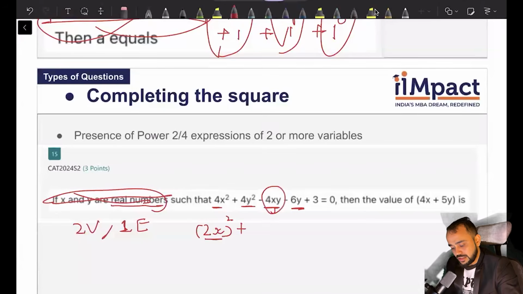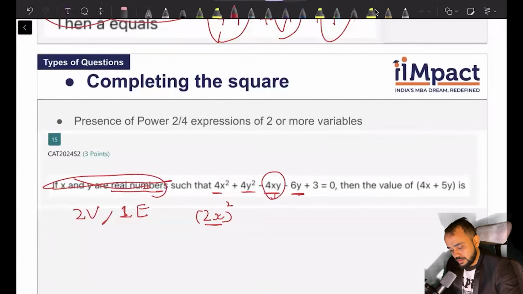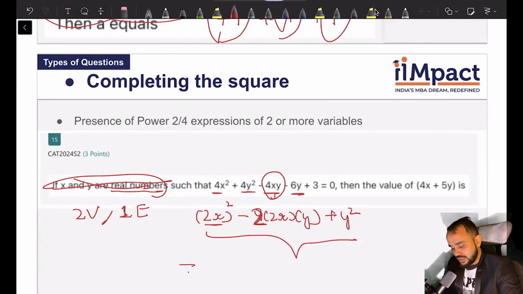So I will write this as 2x square minus 2 into 2x into y, which means to complete the square I will need a y square. Now this y square I took on loan from 4y square, which means it is left with 3y square minus 6y plus 3.